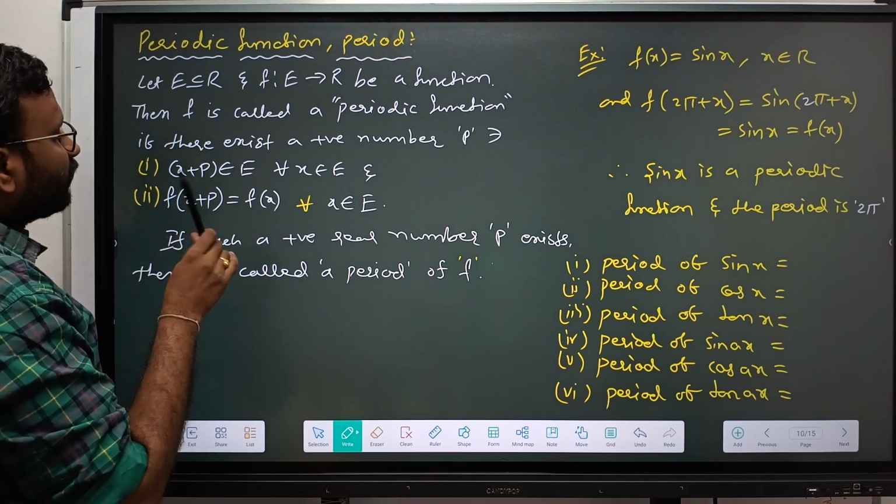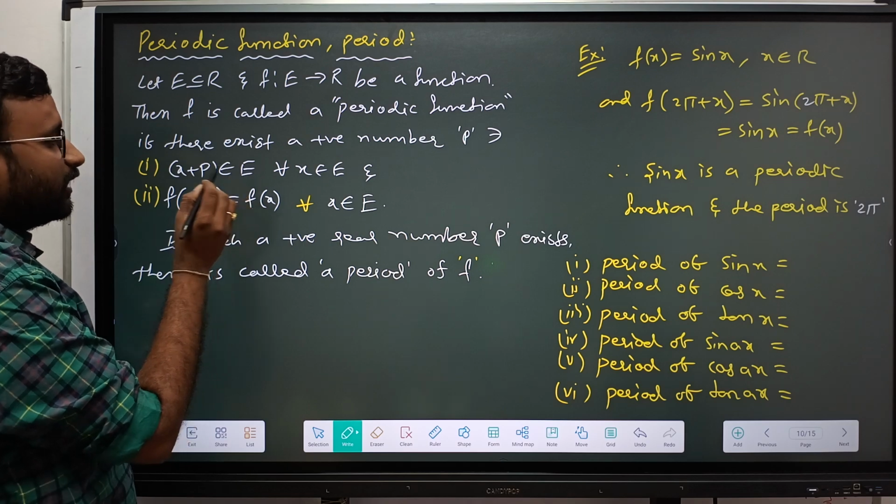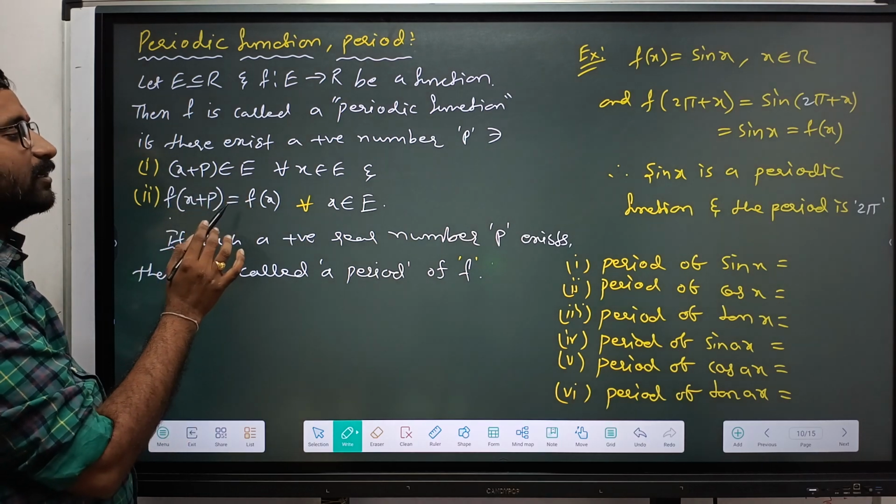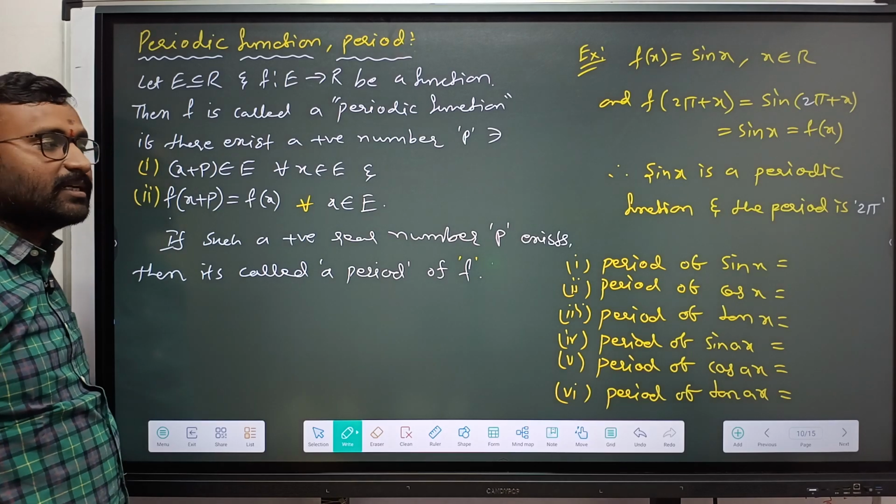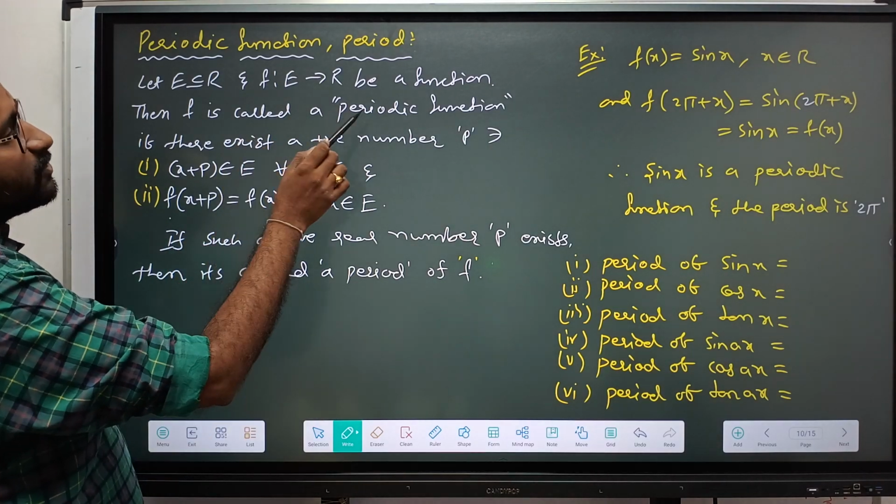So if x plus p belongs to E and f of x plus p is equal to f of x, then we can say this function is a periodic function.